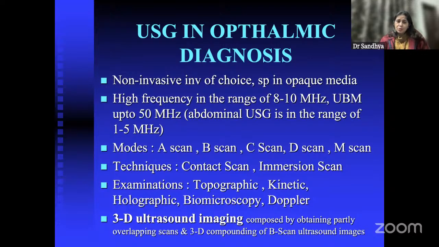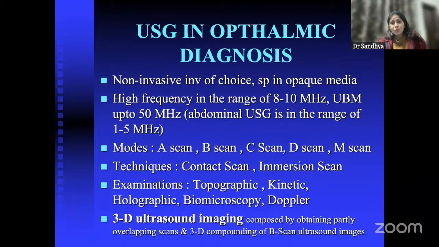Coming to techniques, there are different techniques: contact scan and immersion scan. Mostly we do contact scan, most often for our B scans, for posterior segment purposes. Immersion scan you sometimes do when you are doing A scan and planning for higher end biometry. Then there are different modes of examination: topographic, kinetic, holographic, biomicroscopy, Doppler. As far as our B scan is concerned, mostly we are doing topographic or kinetic.